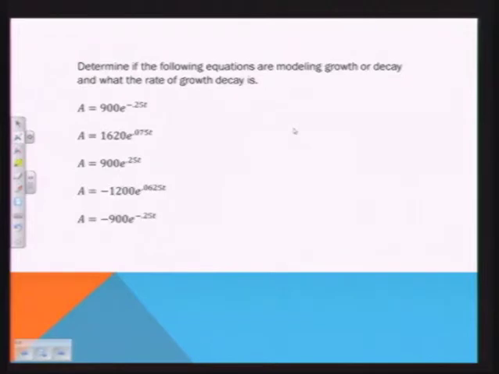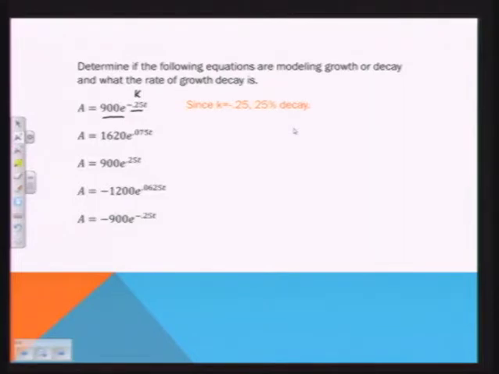So in 5 different examples here, our first one, A equals 900 e to the negative 0.25 t. And in this case, remember we're looking at K, and K is negative 0.25, so K is less than 0. Therefore, we have decay.